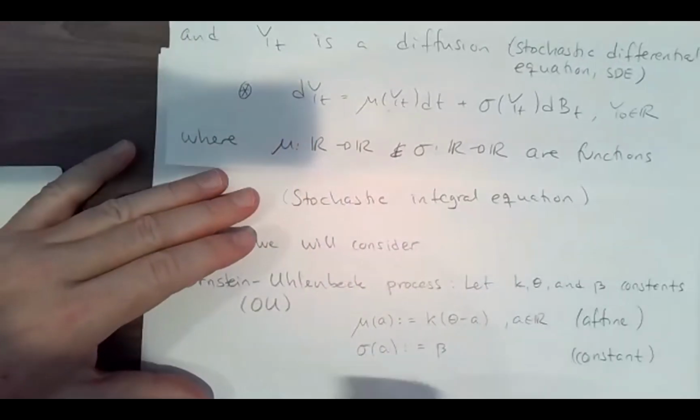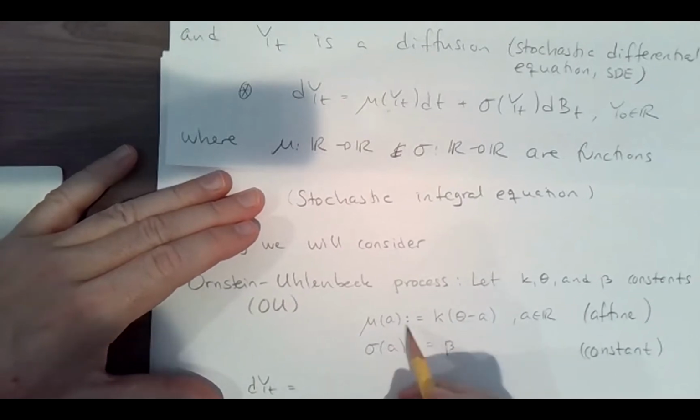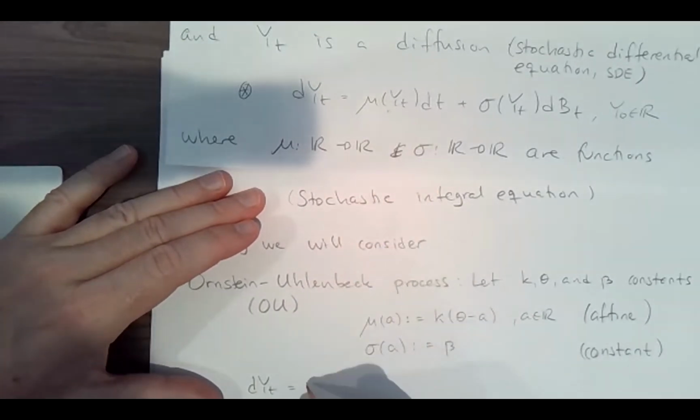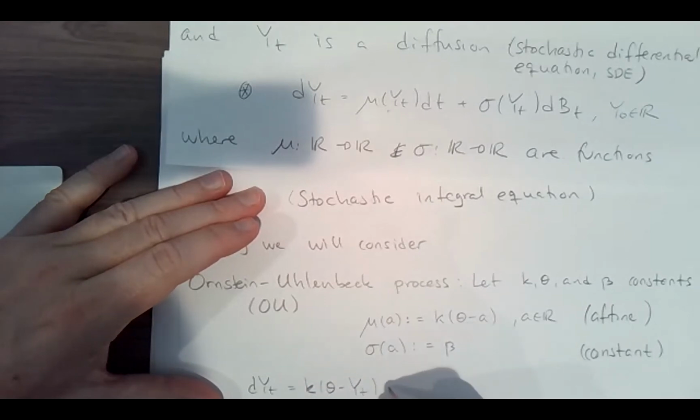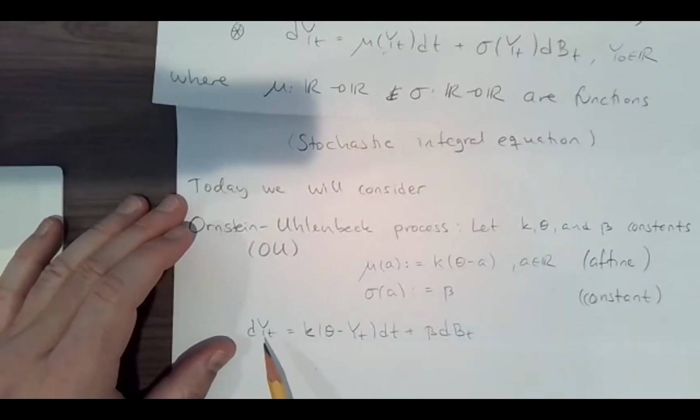If I were to write out the dynamics, I would have dY_t, and instead of a here, I'll have Y_t. So I'll have kappa times theta minus Y_t dt plus beta dB_t. It's a stochastic differential equation because there's a Y on the left-hand side and a Y on the right-hand side.